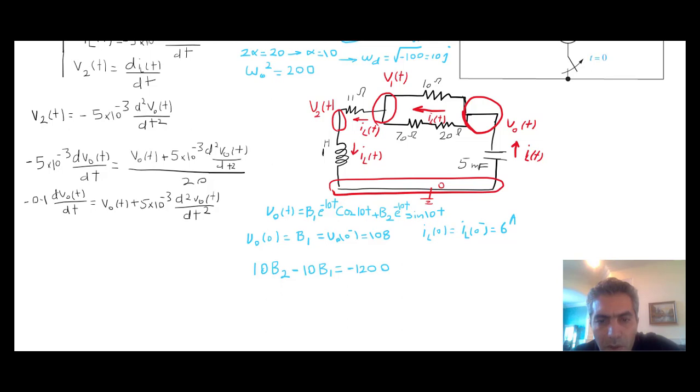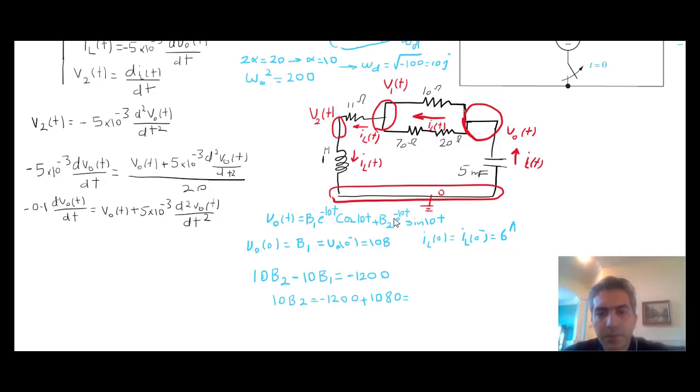Now, since you already know what B1 is, 10 B2 is equal to minus 1200 plus 1080, and that's equal to minus 120, and therefore B2 is minus 12.